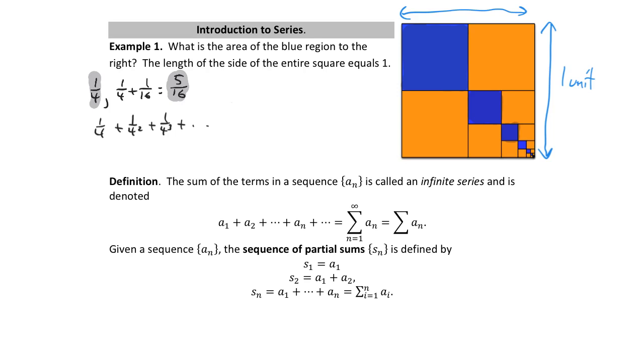And then I would have 1/4 plus 1/16 plus 1/64, which turns out to be 21/64. Okay, now here's the easy way to do this. I got 21/64 by adding 5/16 to the new number in my sum, the 1/64.